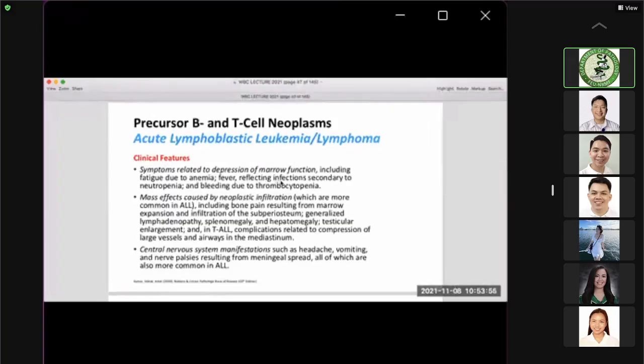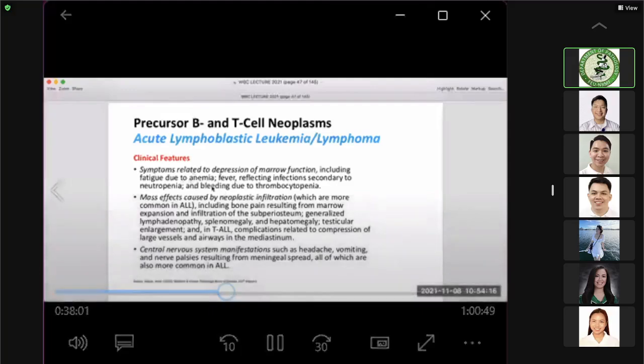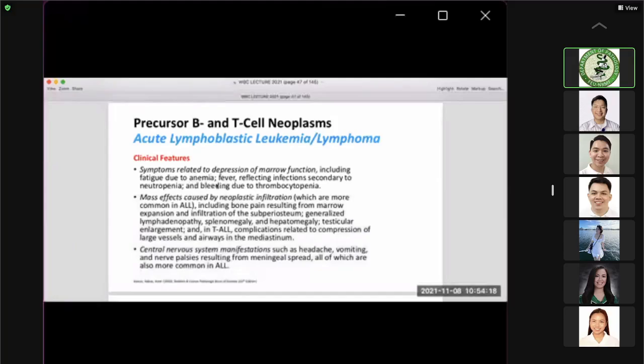Siyempre, nandiyan na yung decrease in neutrophils, thrombocytopenia. So you would expect patients to be presenting with bleeding, easily infected, merong fatigue because of anemia, because even the red blood cells are affected.